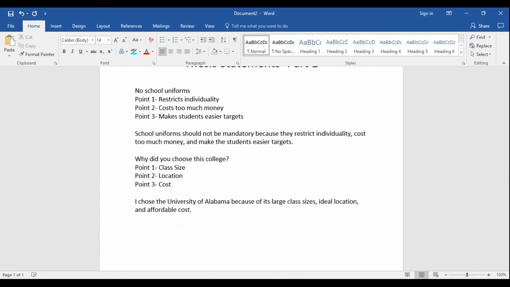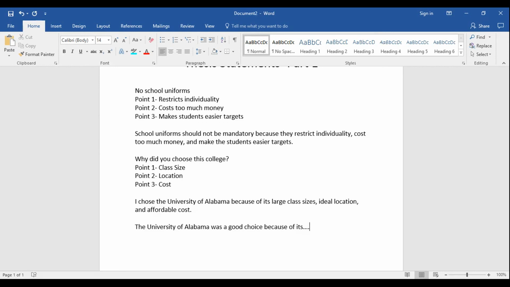Another way is, the University of Alabama was a good choice because of its, and then we'll list the same points as we did in the previous one. But those are two different ways. The first way is if you're allowed to use first person language with this type of essay, and then the second way is if you can't.